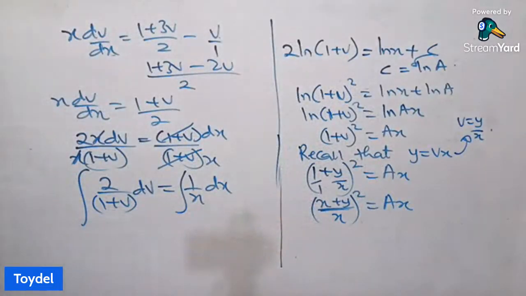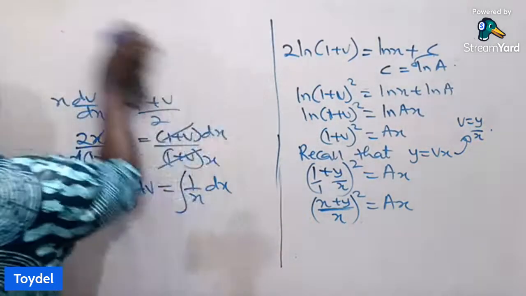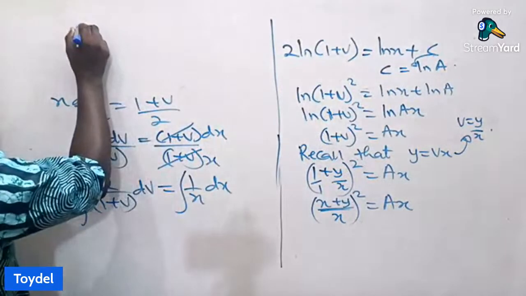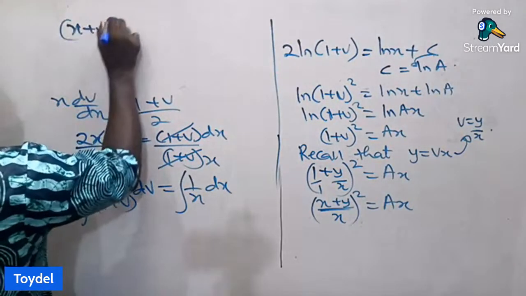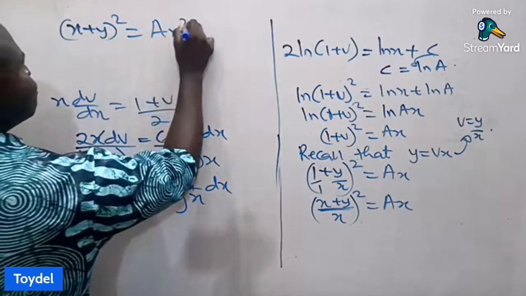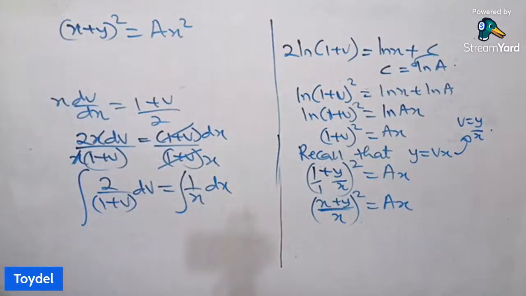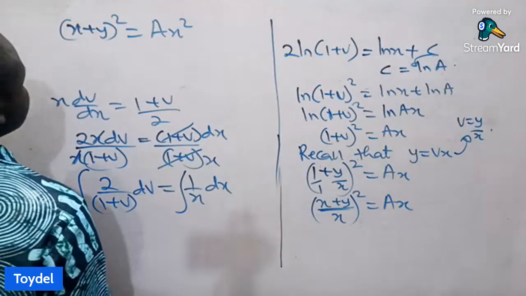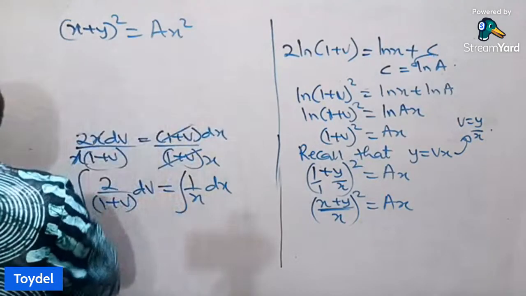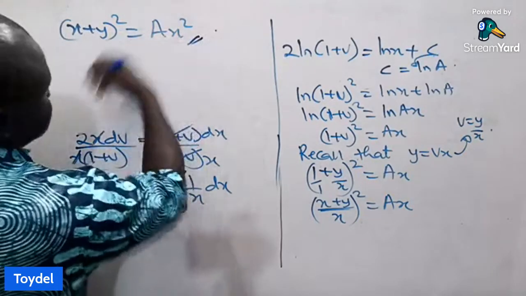So we are just trying to rewrite everything so that at the end of the day, we now have (x + y) squared equal to ax squared. That's what we have. We might try to stop the answer at this point, or if we want to continue, we can.